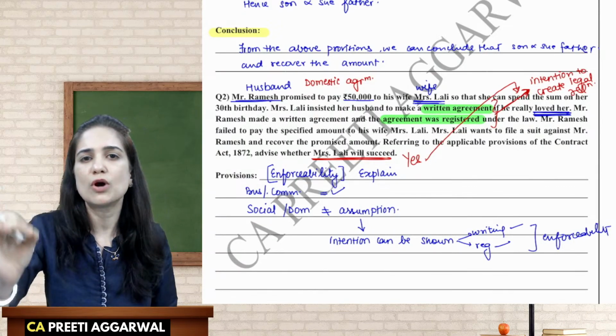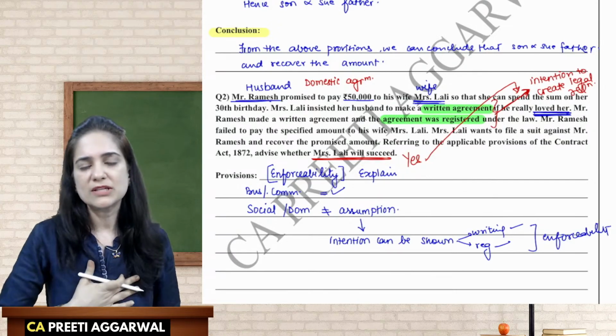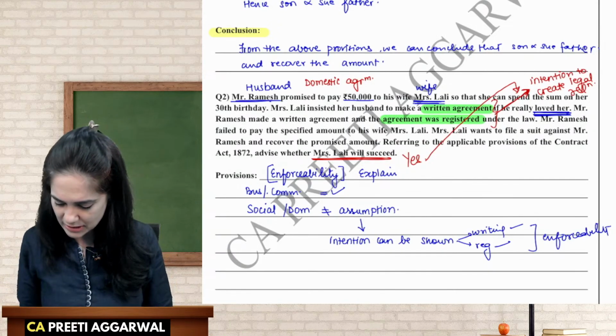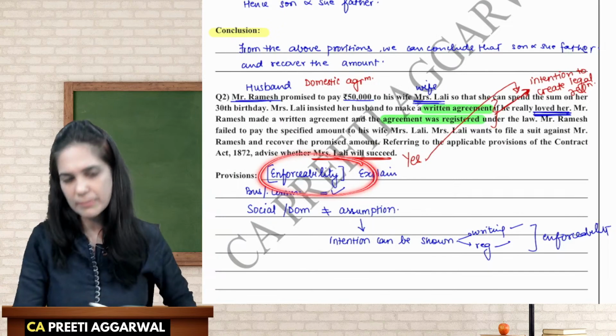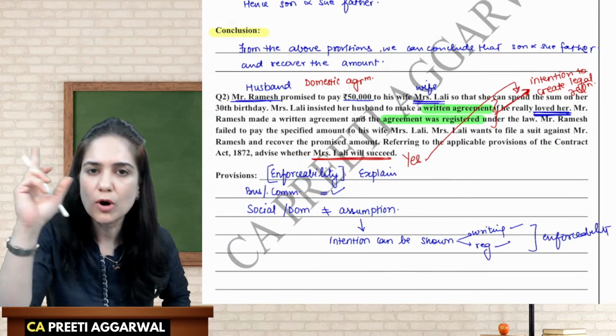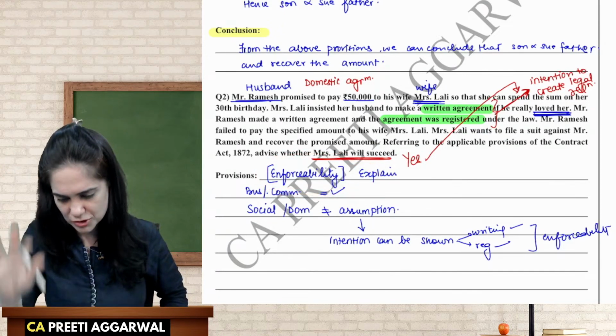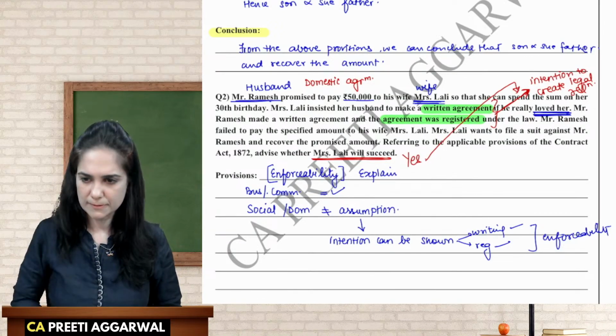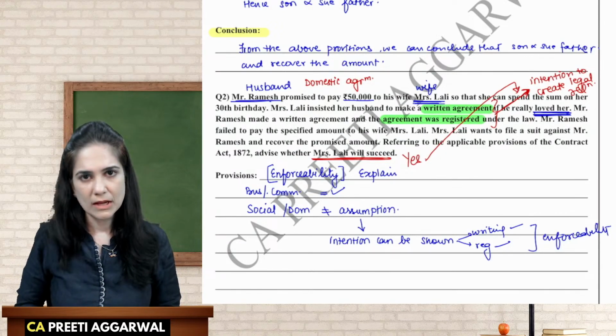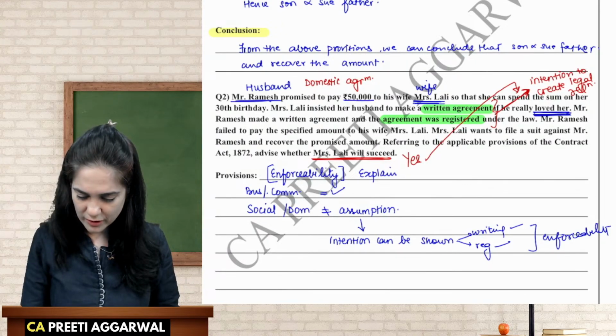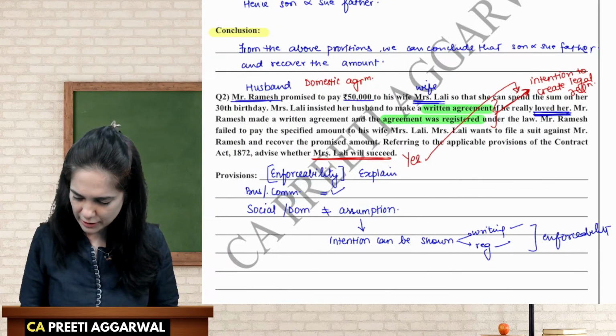That is why I am choosing to write the answer on enforceability. If you see the model answer, it is based on enforceability only. ICAI model answer. Is it clear? So these are the type of questions that can be asked on enforceability.